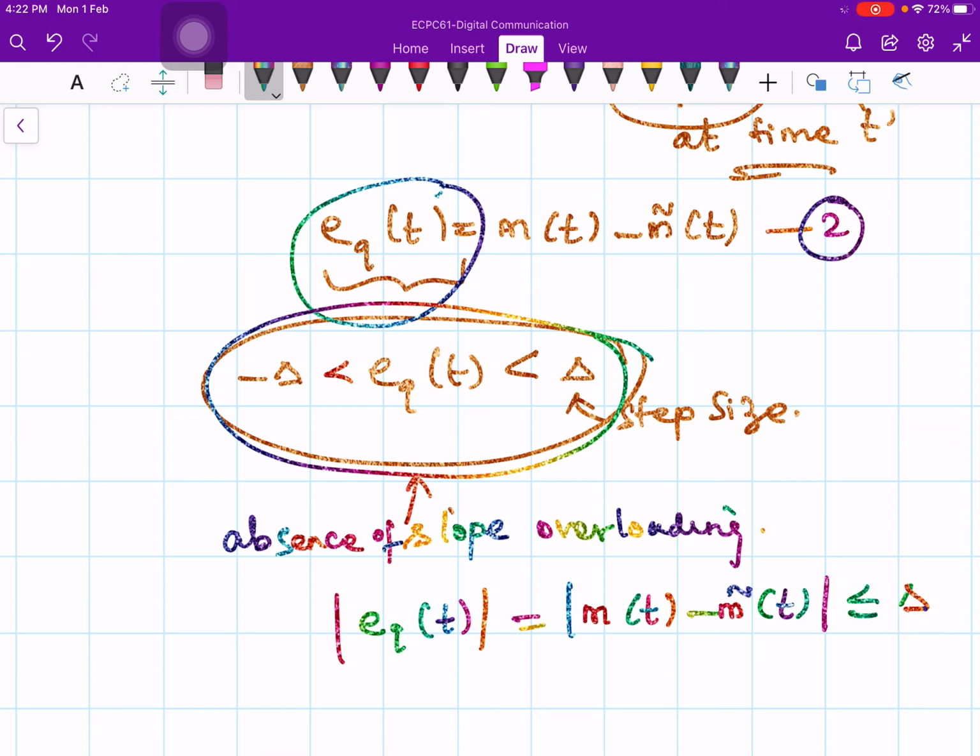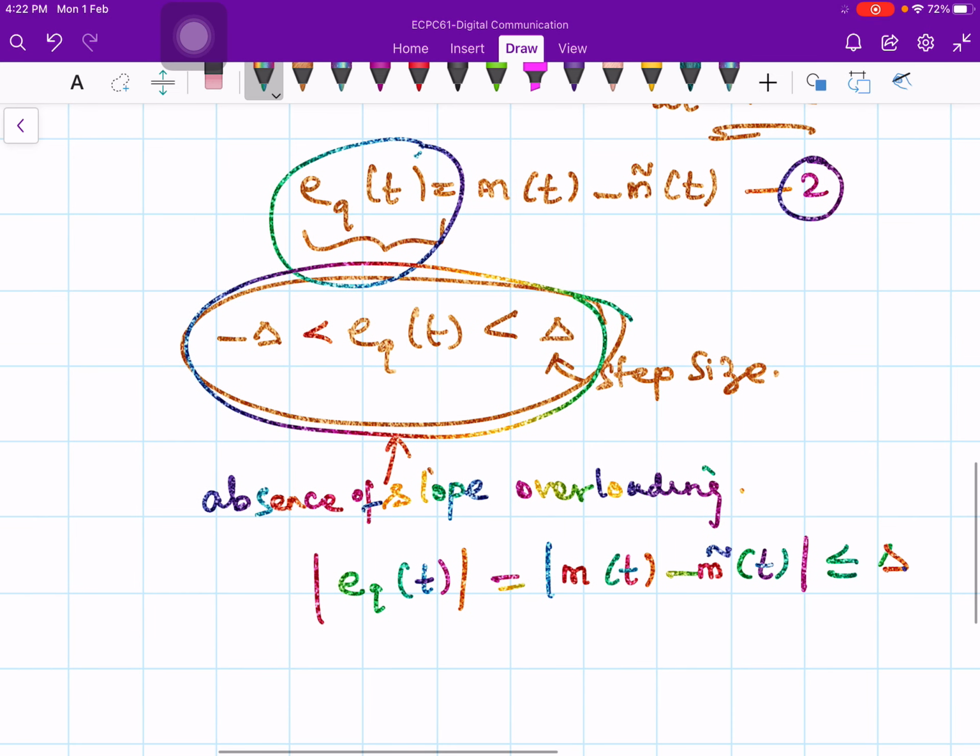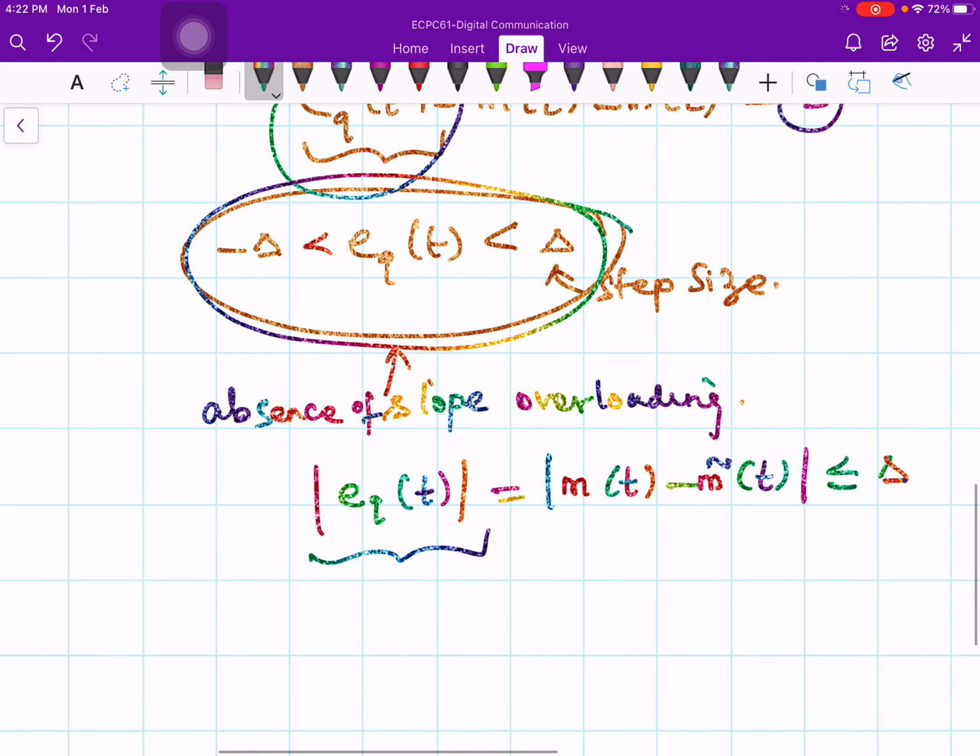If there is a slope overload, then this error becomes large. Therefore this has to be qualified only in the absence of slope overloading.